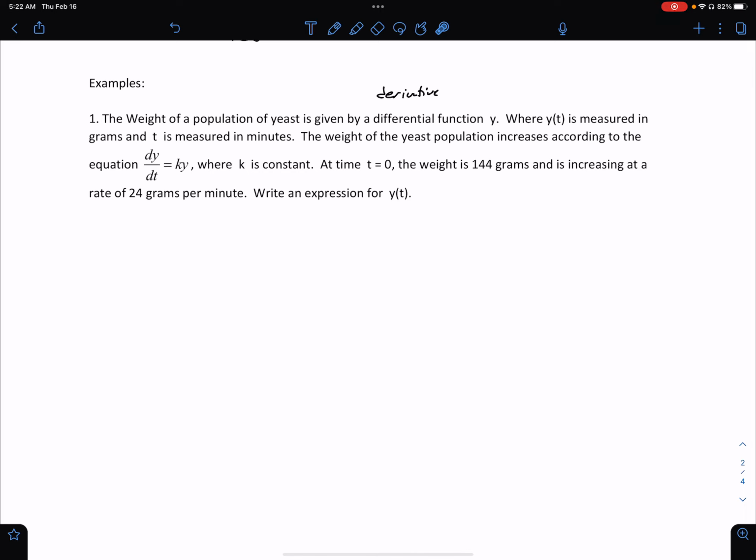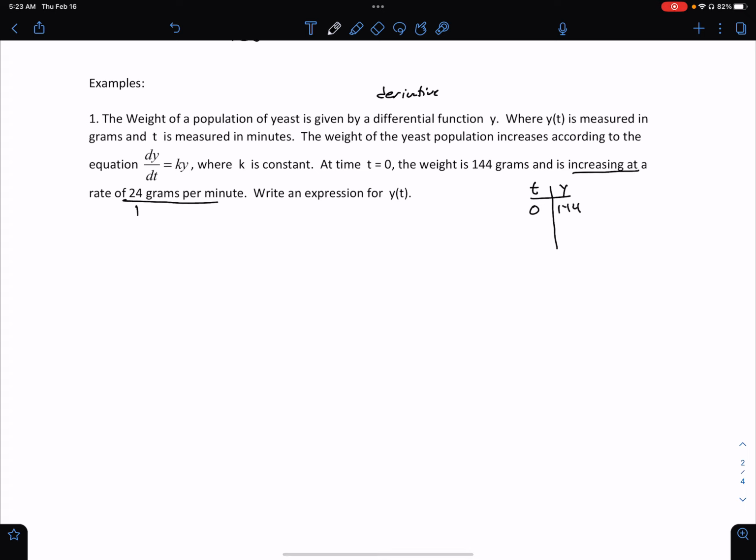At time t equals 0, the weight is 144 grams. So they're telling me this initial condition. And it's increasing at a rate of 24 grams per minute. Oh, so they're telling me right here, this is dy/dt. That's my change. We want to find y of t.